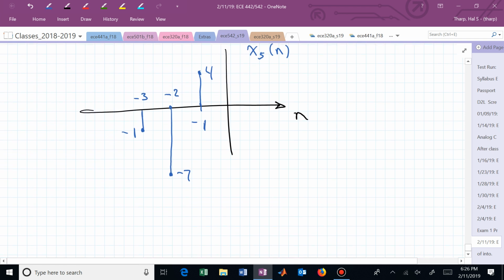And if we wanted the z transform of little x sub 5, what does it look like? It's 4 times some power of z to the minus n. And what is n corresponding to 4?